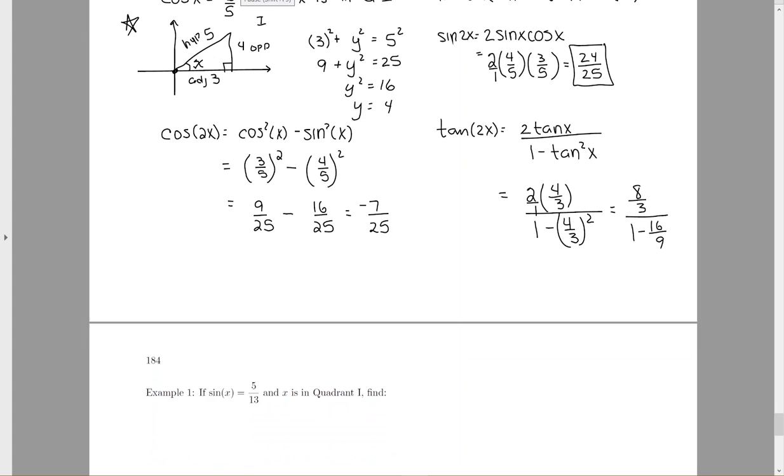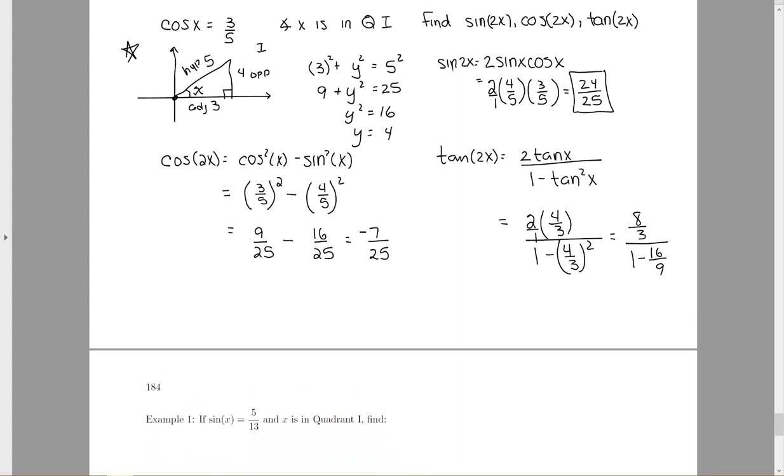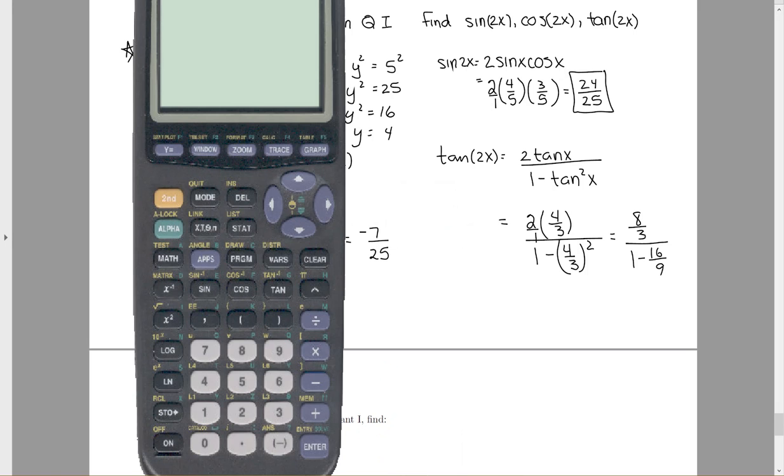And again, pull out the calculator if you need to. Let's figure out what our denominator is going to be here. So I've got 1 minus 16/9. Hit enter and then do math, enter to get -7/9.